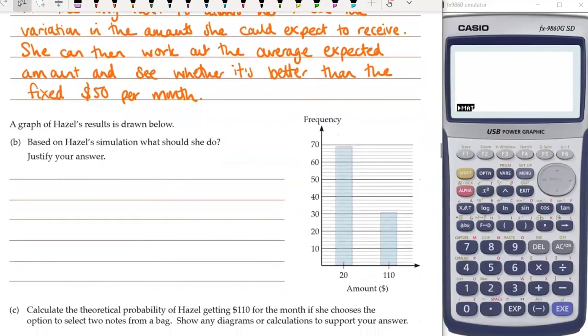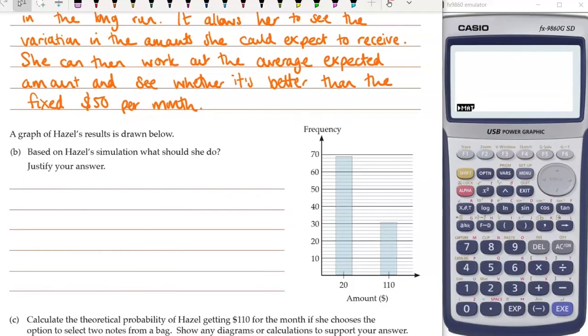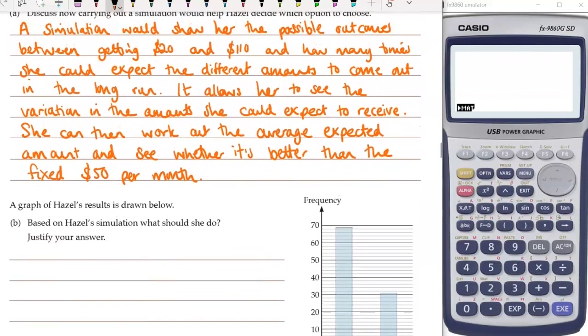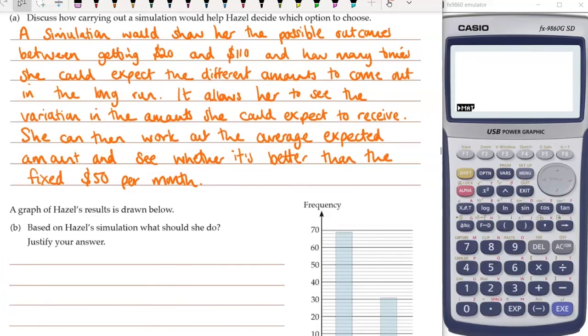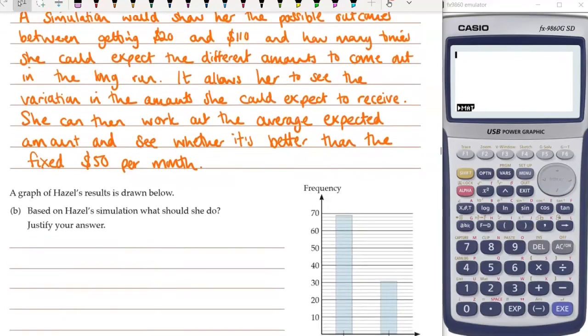Okay, so we've got a graph of Hazel's results here. Based on Hazel's simulation, what should she do? And looking ahead now, I've just realized when I was talking about this one, she can only get $20 or $110. I didn't think through. There is nothing in between, but it doesn't really change what I've put up here.